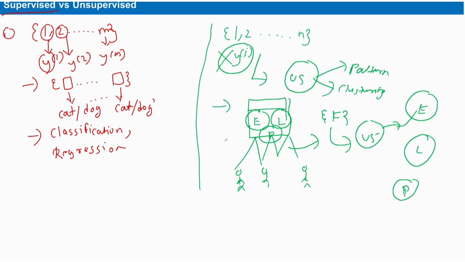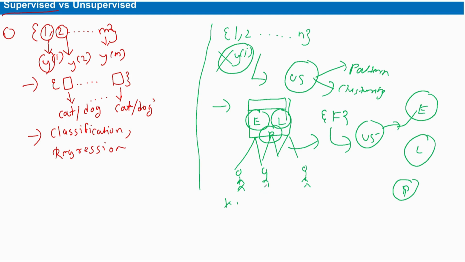There are different algorithms inside unsupervised learning. For example, k-means clustering, and principal component analysis, which is also used for dimension reduction. There are other algorithms as well.